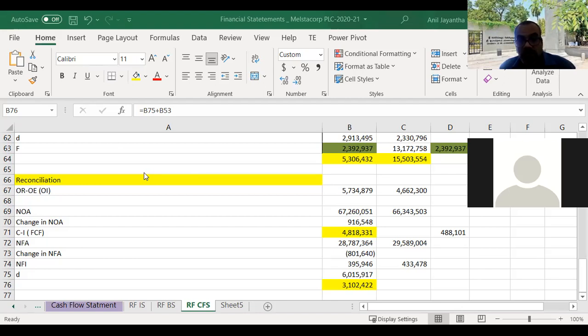Otherwise, it should balance. This is the advantage of reformatted reconciliation. Reformatted reconciliation can't go wrong if there is any change, it is highlighted.